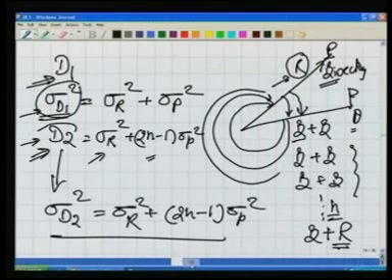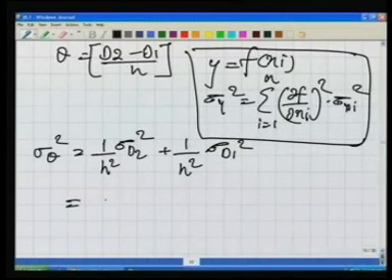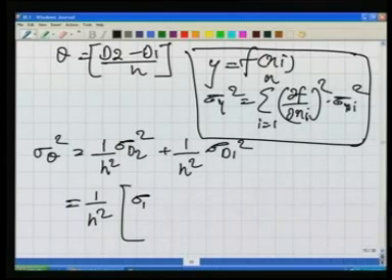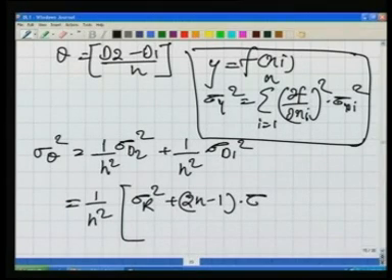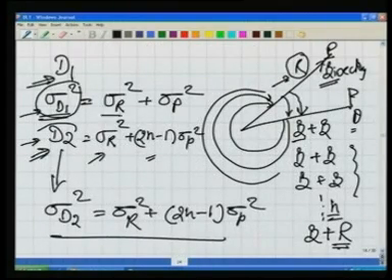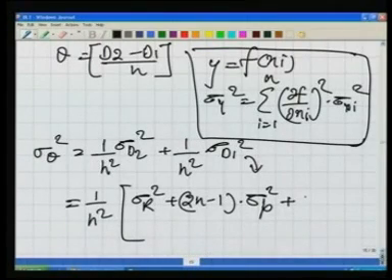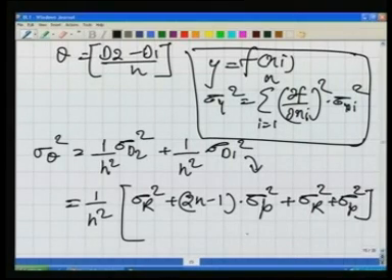Now if I take these values here, I can write it as 1 by n square, I take it out, sigma r square plus (2n minus 1) into sigma p square, plus for sigma d1, sigma d1 square is sigma r square plus sigma p square. Okay, we solve it further now. In solving this further, we will find sigma r square and sigma r square, they will add.